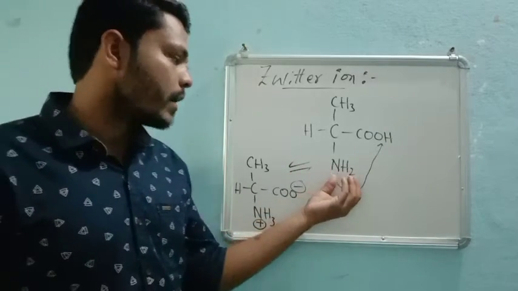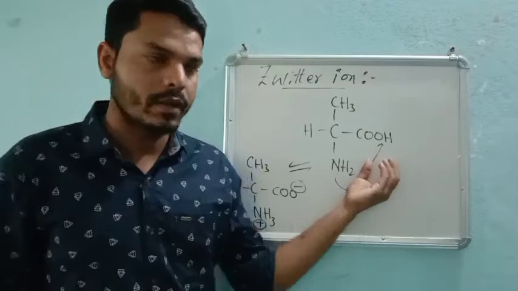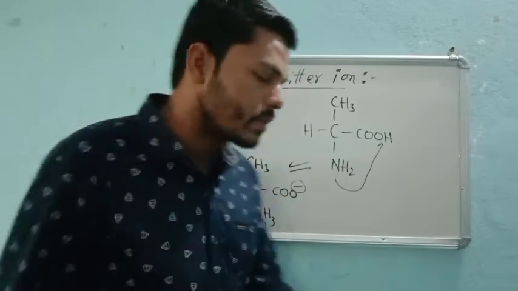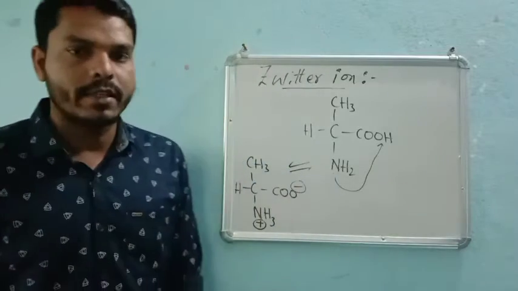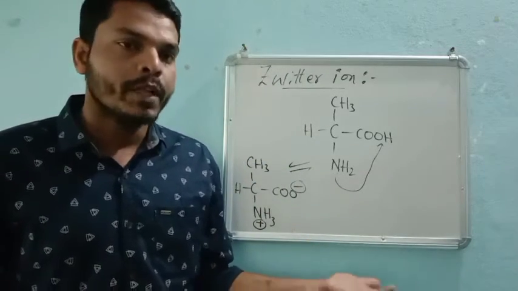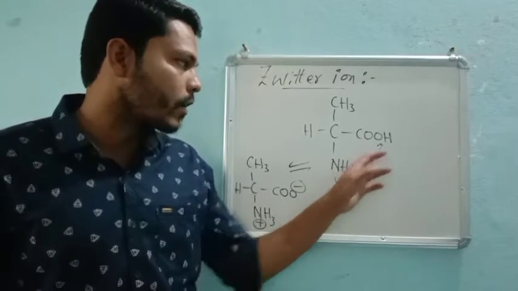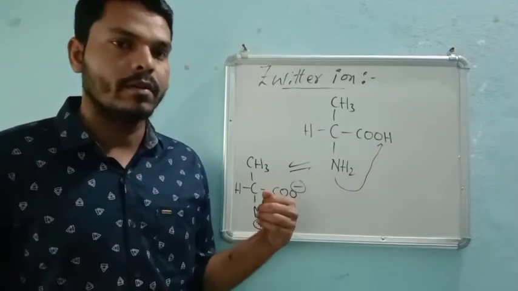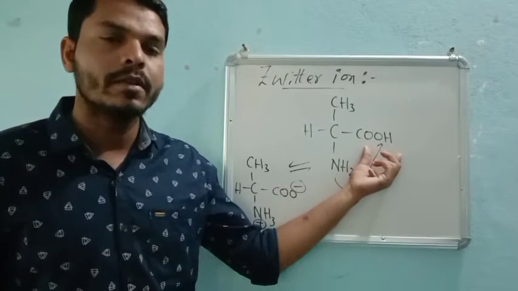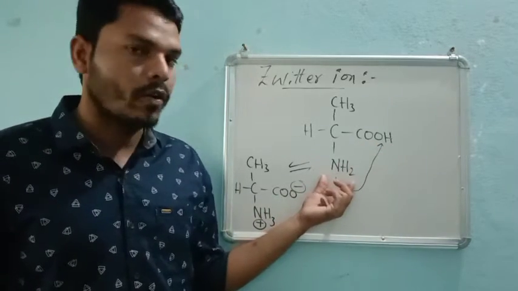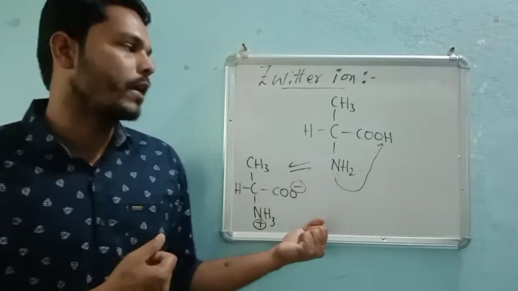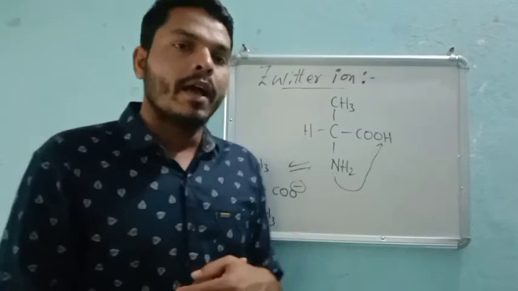So if they ask you to show a Zwitterion example, you can show it like this, right? The reaction carries forward. We already know the amine is a base. What can a base do? It can donate electrons. Because it has the extra electron, it will catch that hydrogen and drag it towards itself.